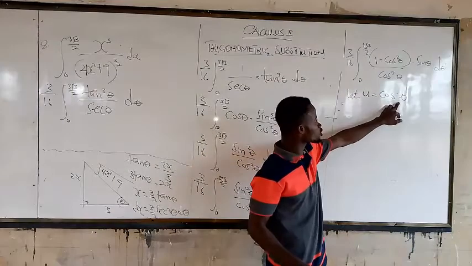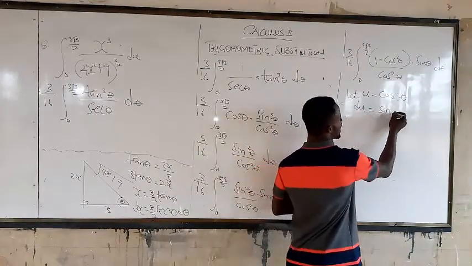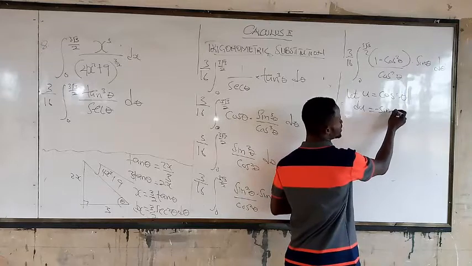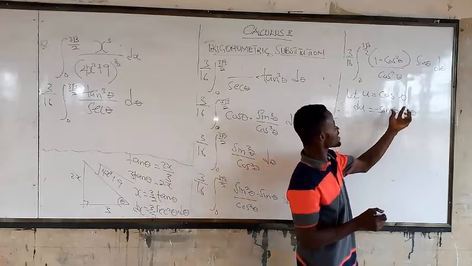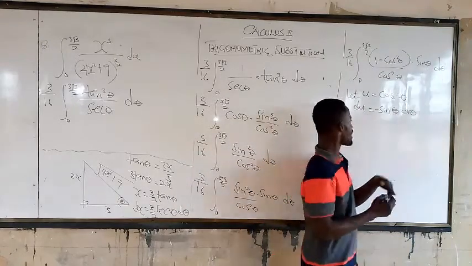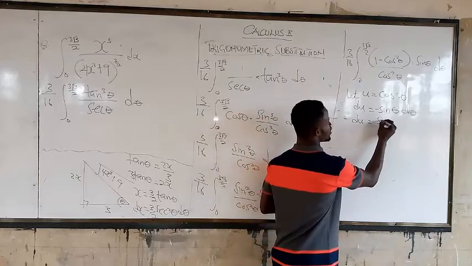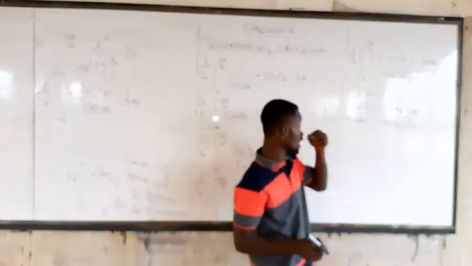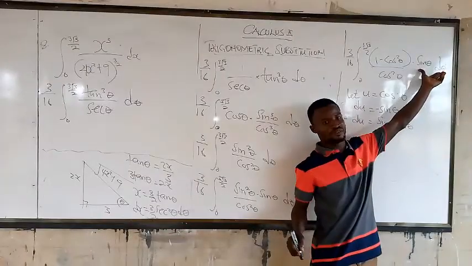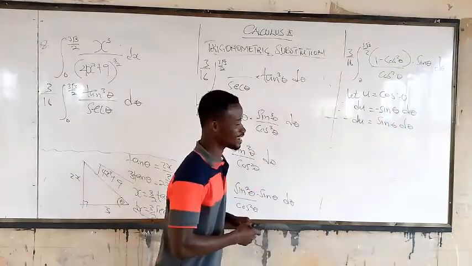And when u is equal to cos theta, du is going to be negative sine theta d theta, and that is exactly here. Alright, so when you negate both sides, you get negative du is equal to sine theta d theta, and sine theta d theta is exactly what we have here. So this is going to be negative du. Very good. I love calculus.